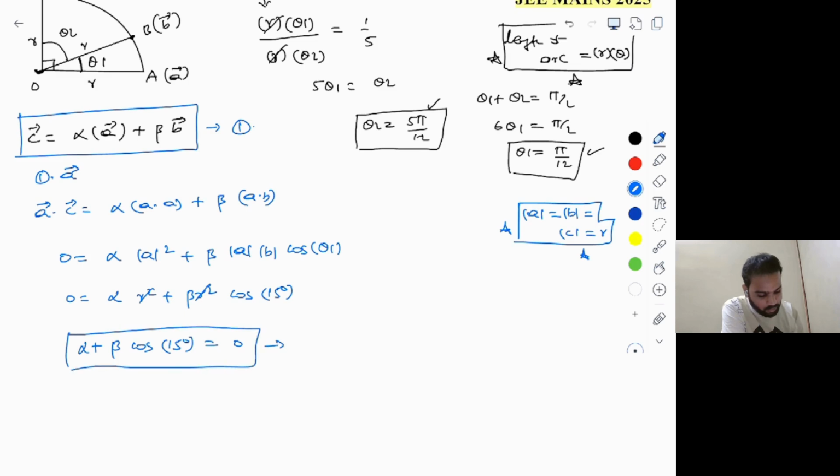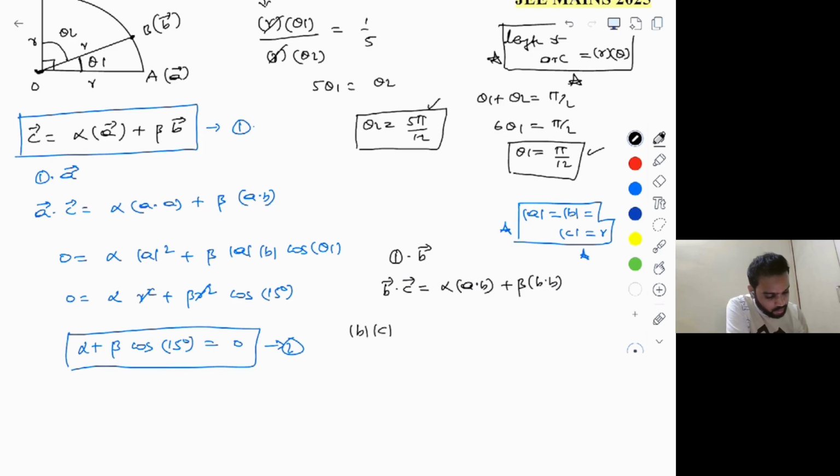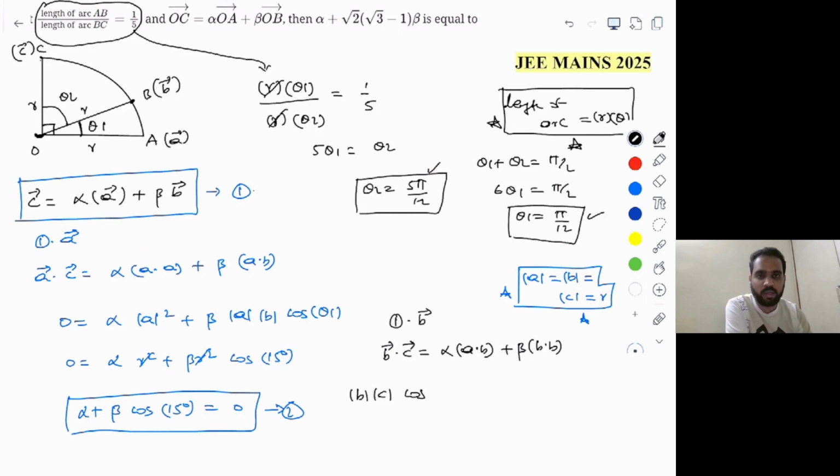Let's take it as equation number 2. Okay. Now next what I will do is the equation 1 dot product with B bar now. So in this case, let's observe what we get. B bar dot C bar is equal to alpha into A dot B plus beta into B dot B. But once again, B dot C is mod B into mod C into cos of angle between B and C. What is the angle between B and C here?